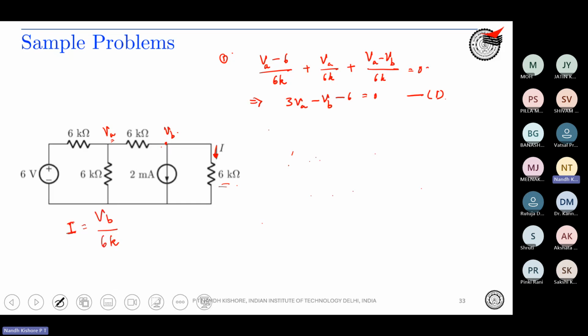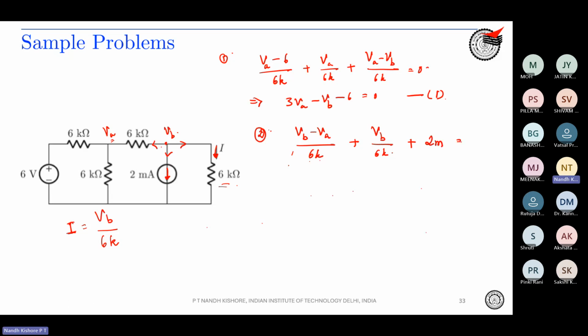The next equation is based on VB, this and then this current. That is VB minus VA by 6K, plus VB by 6K. And then current flowing out of VB through this is directly 2 milliamperes, equal to 0.